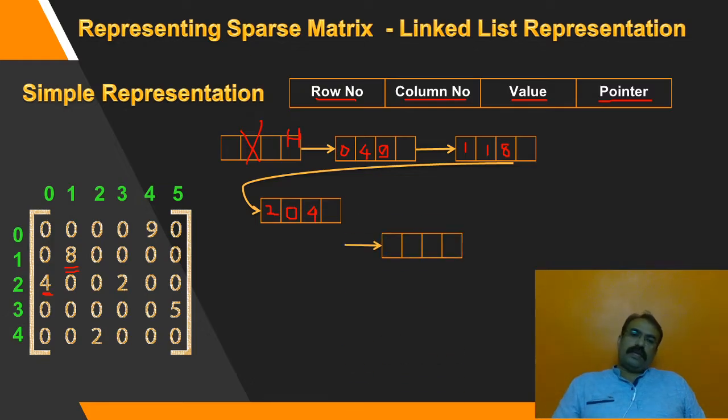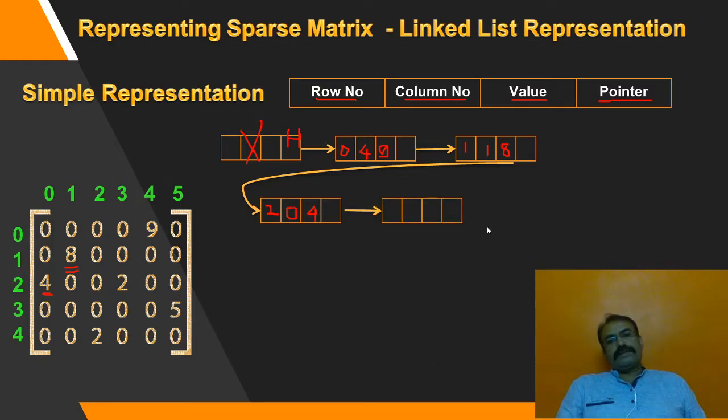Likewise we can construct the entire list, and at the end we can mark it as null, when all the elements scanning is over. So this is a simple representation having a simple 4-field node with row number, column number, value, and pointer.